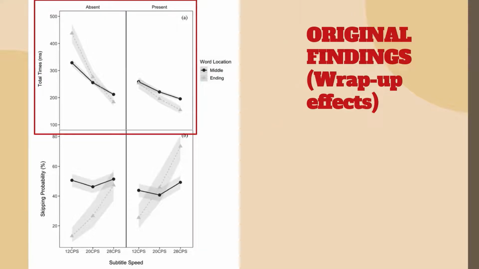Why would this be? The reason that has been postulated in the reading literature is that these longer fixation times on sentence-final words are basically an index of post-lexical integration. What does this mean? What we do when we read is, of course, we need to perceive the word, right?